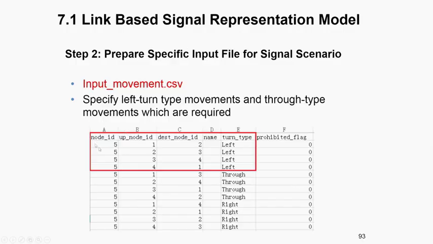So every time you have input node and input link, when the NEXTA interface opens up the input node and the input link structure, it will produce the input movement automatically. In this input movement file, as we can see from the slide later on, it has the node ID, upstream node ID, downstream node ID, the left turn type, and also you have the prohibited flag. By 1, you are going to prevent this movement being used.